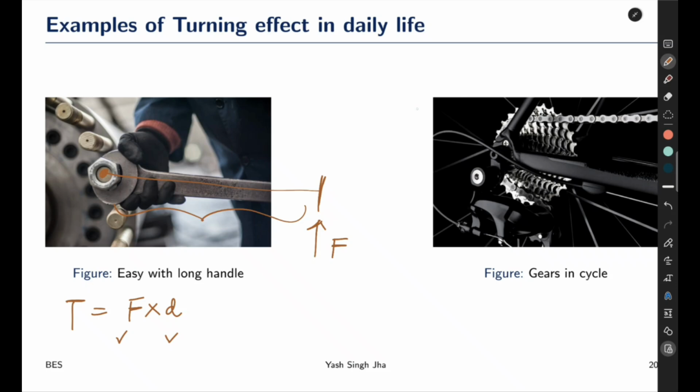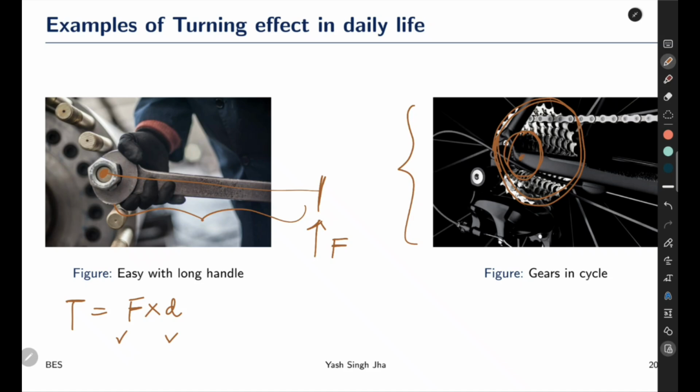What is the other example? Using gears in a cycle. You must have noticed it is easier to pedal the cycle when we use the bigger gears, and when we use the smaller ones, it demands a little more effort. Why?